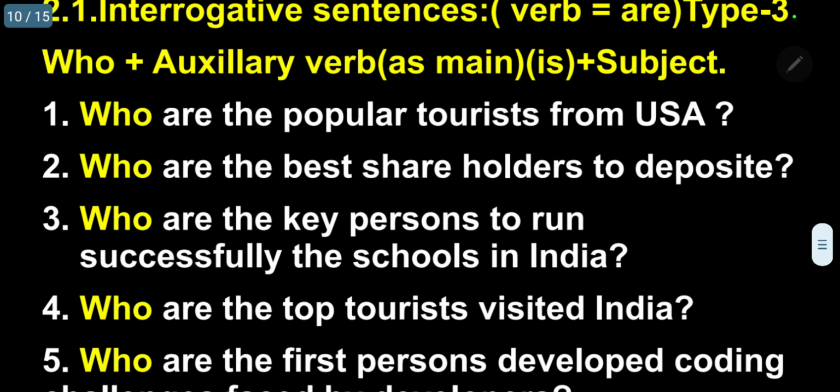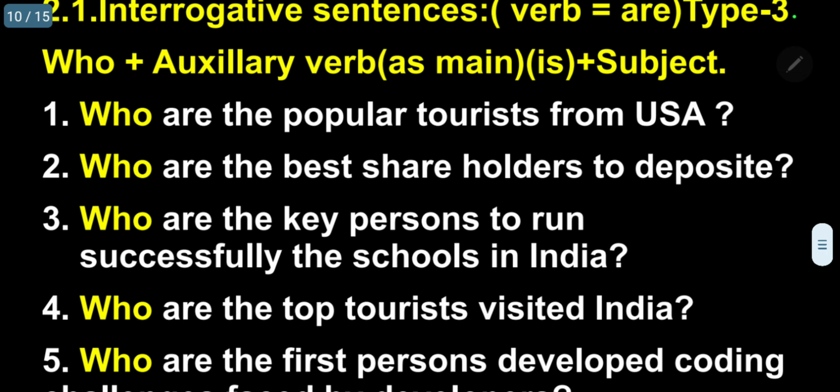Normally, in the auxiliary verb, am is applicable only for I. Is is applicable only for singular nouns and the personal pronouns he, she, it.